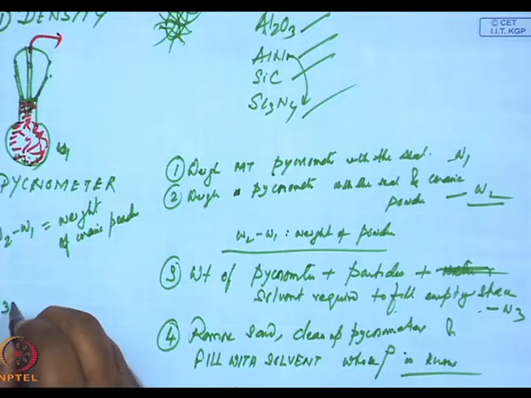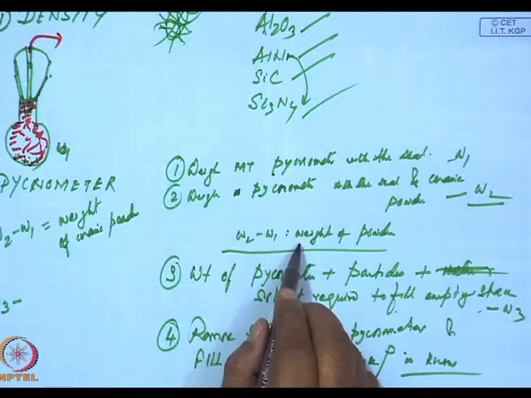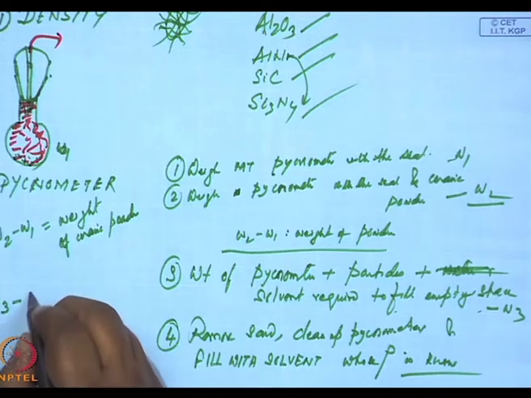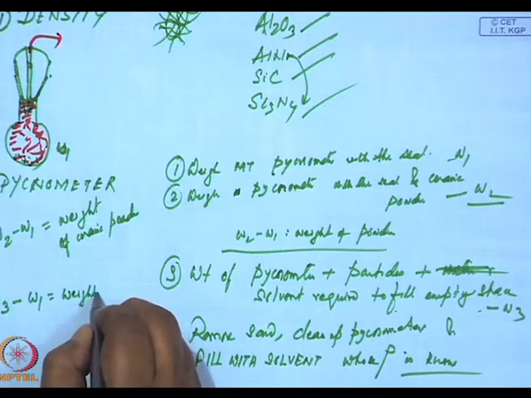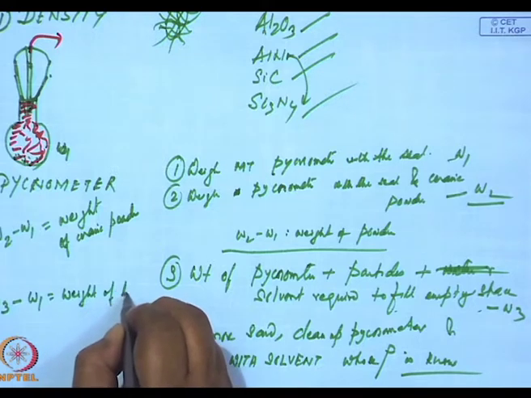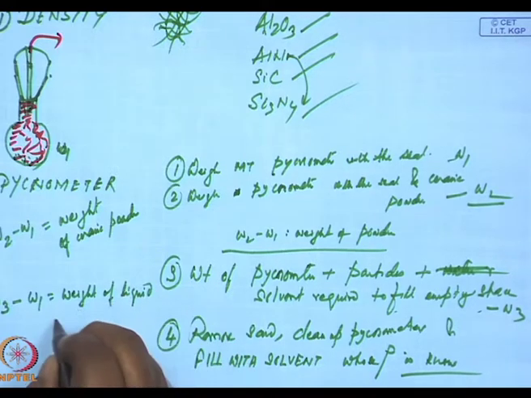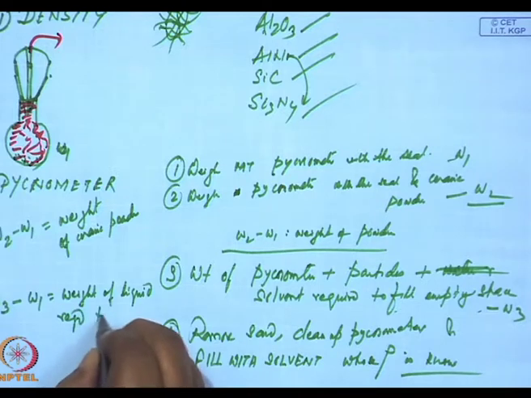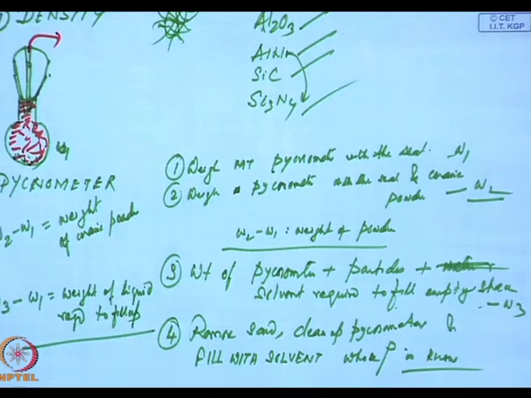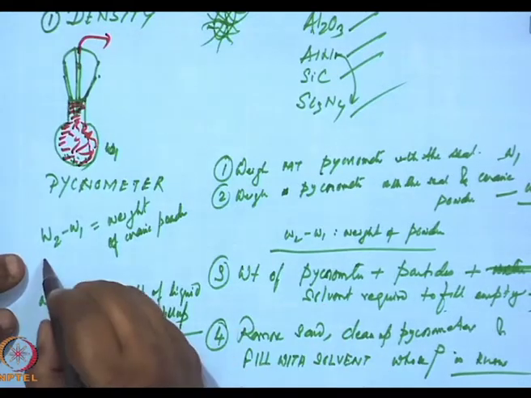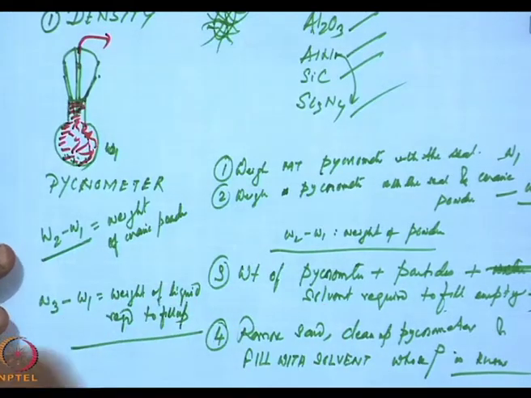W3 minus W1 is the weight of liquid required to fill up. So we have W2 minus W1, the weight of the ceramic powder.